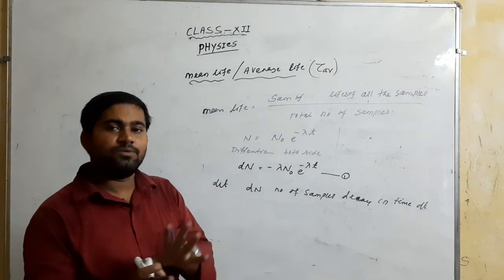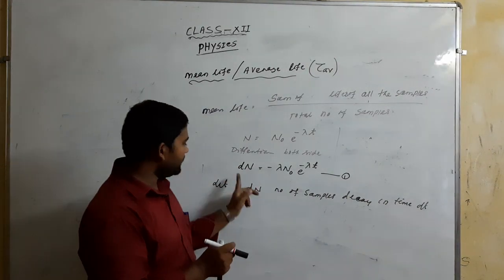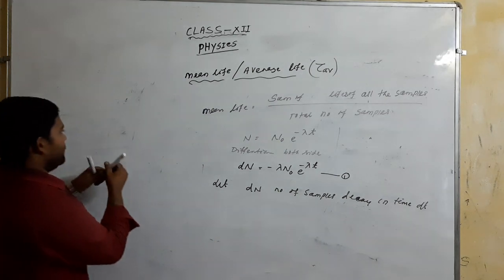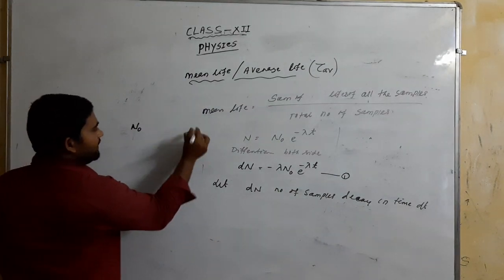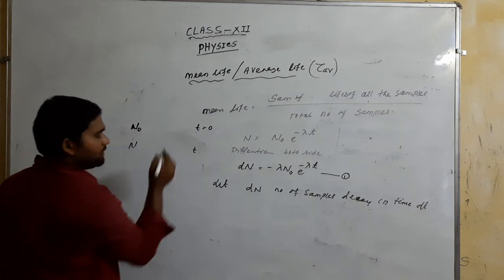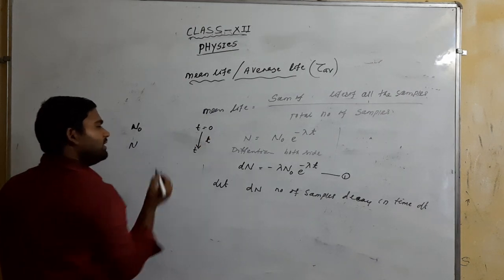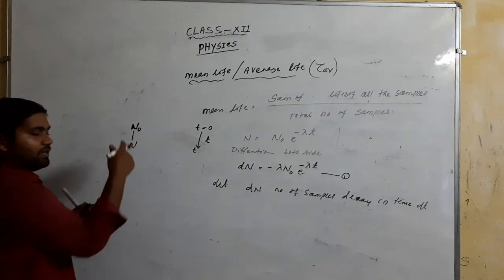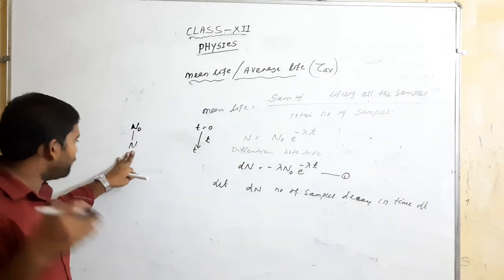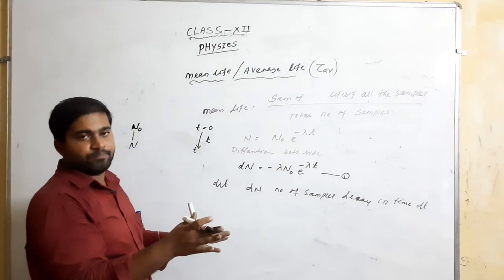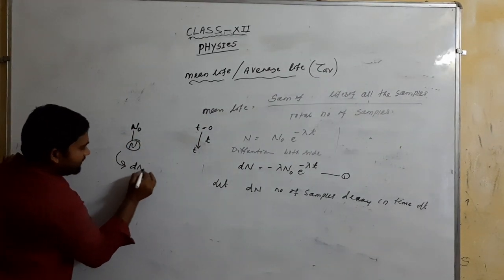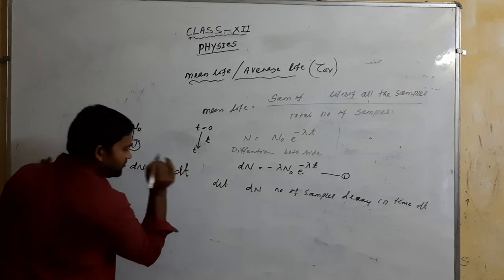Taking a small example, N naught at t equals 0 reduces after disintegration to N left samples at time t, and from these N atoms, dN atoms decay in time dt.